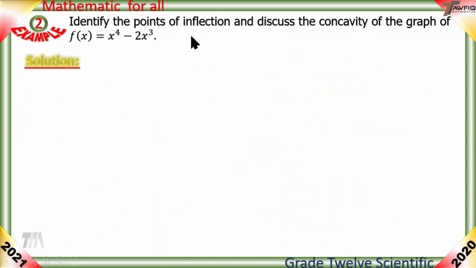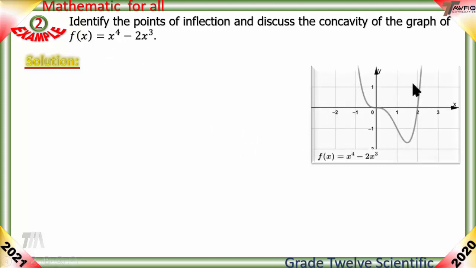Identify the points of inflection and discuss the concavity of the graph of the function f of x is equal to x to the power 4 minus 2x cubed. If we have the graph of this function, as you can see in this graph, here the function is concave, and here it is going to be convex, and here it becomes concave too.